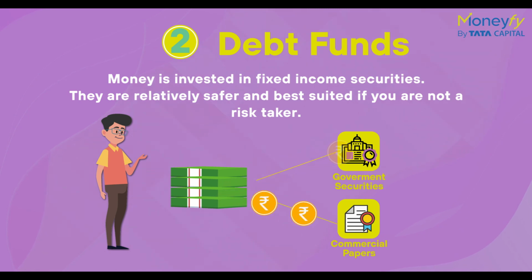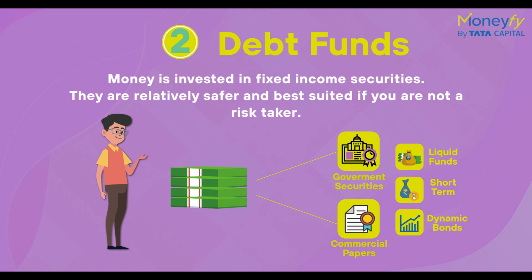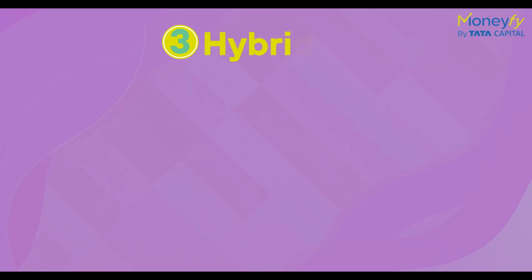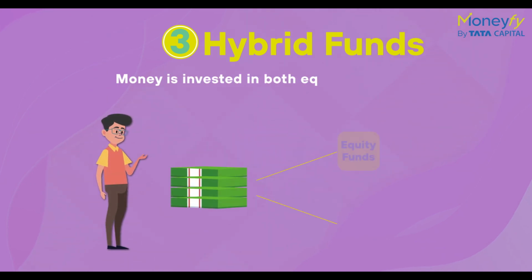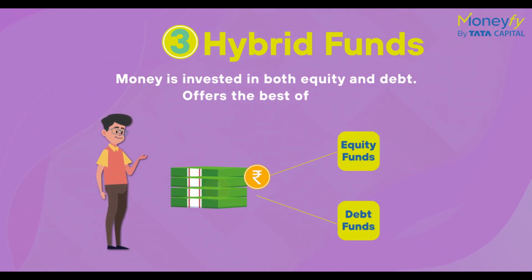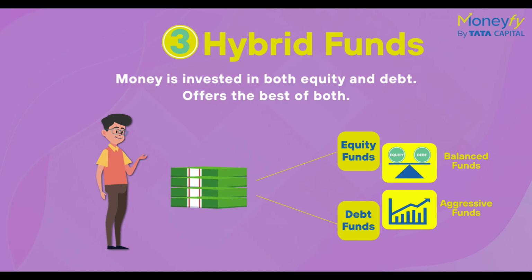They are relatively safer and are best suited for people who do not want to take much risk. For example, liquid funds, short-term, dynamic bonds, etc. And third, hybrid funds. The money is invested in both equity and debt. So it gives you best of both the worlds. For example, aggressive funds, balanced funds, etc.